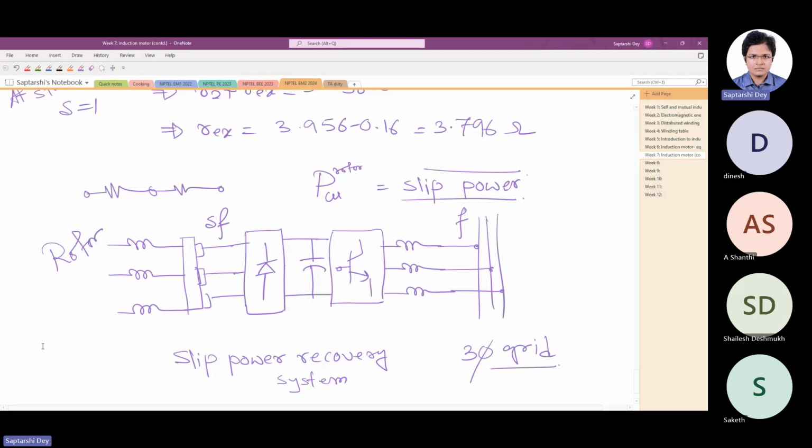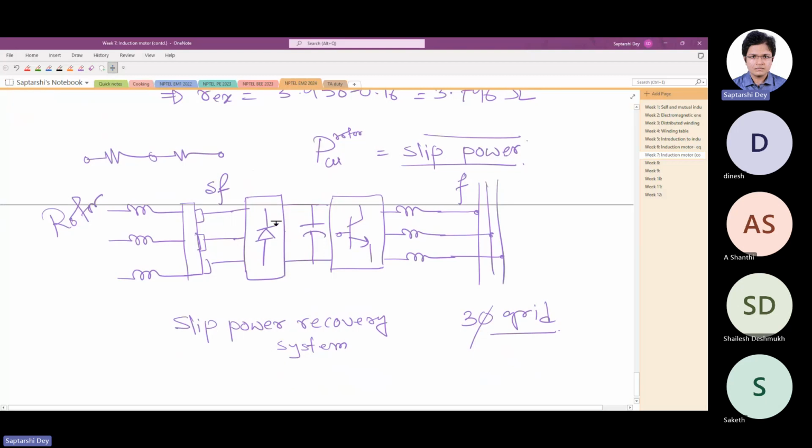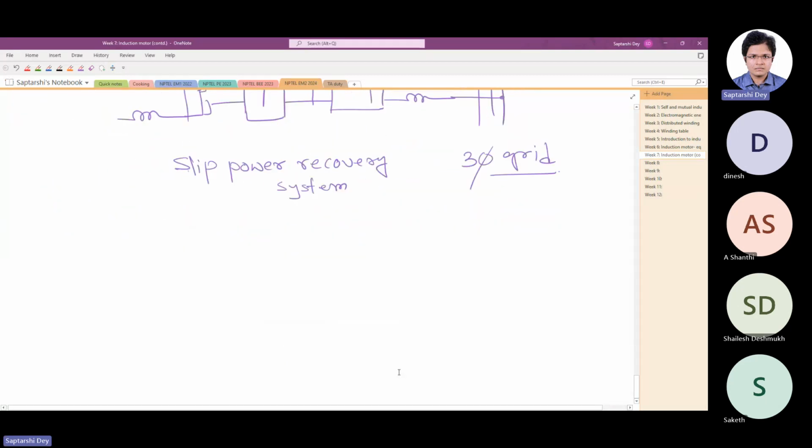There is another very interesting application of this slip power recovery. Actually, those kinds of solutions are again coming up nowadays. It is for a synchronous machine. What we need is a wound field synchronous machine, not a permanent magnet synchronous machine.